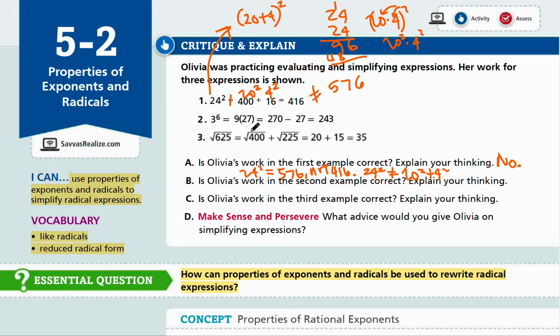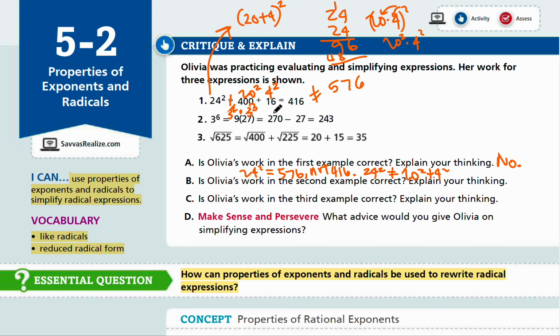Why did she write 9 times 27? So I think she separated 3 squared times 3 cubed, right? Because she thought she could multiply the powers, but what does the product of powers property say? If you have the same base, you add the powers, not multiply them.